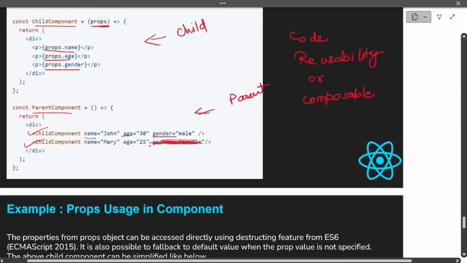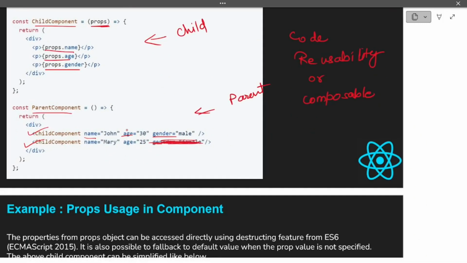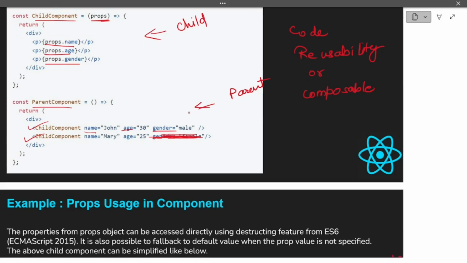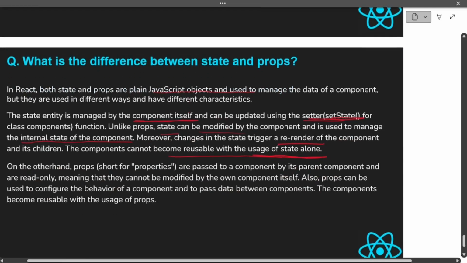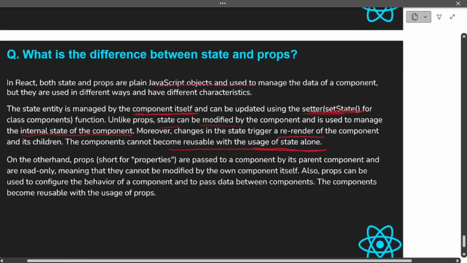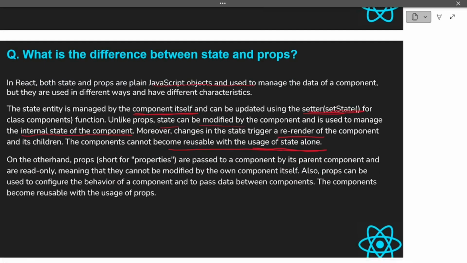Because props provide us this facility that you can pass different values to your props, and then your child component will become reusable. But just by using state alone, you cannot make your code reusable. That is why this line says that components cannot become reusable with the usage of state alone. So if you want to make your component reusable, you have to make use of props also. Now let's see the difference for props.